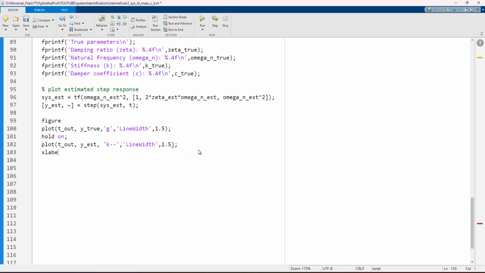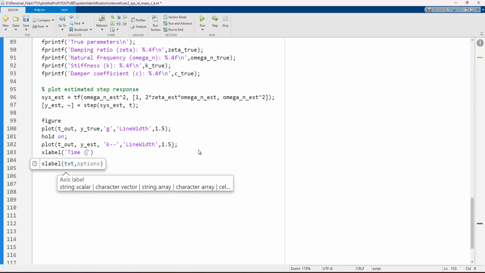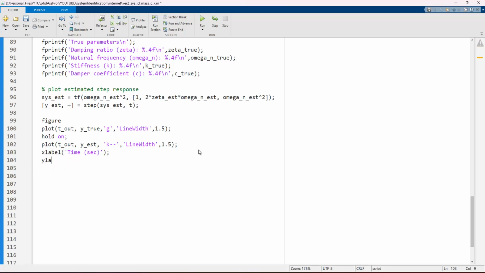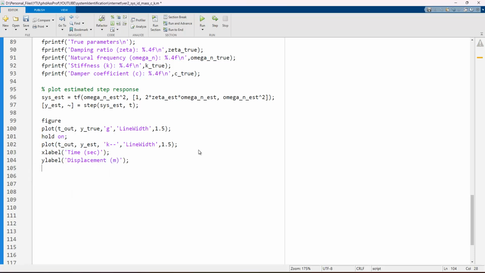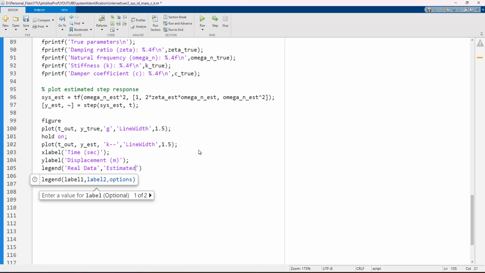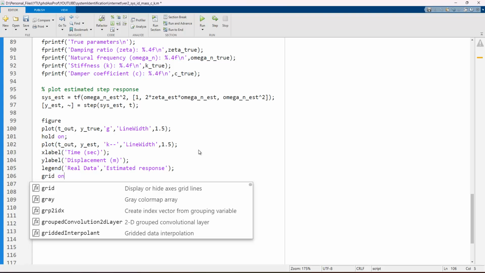Okay, the x label is time in seconds and the y label is displacement in meters. The legend: first of all, this is the real data, and the second line is the estimated response. Grid on must be open.